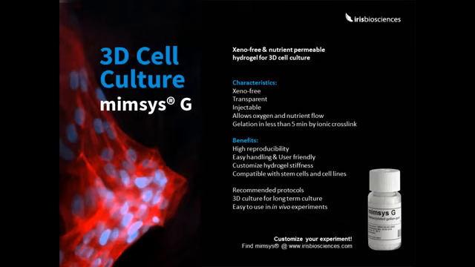Some of its benefits is that the polymer is highly reproducible, no batch-to-batch variability. It's very easy to handle, and you can customize the hydrogel stiffness according to your cell's needs. And of course, it's compatible with several cell types, such as stem cells and cell lines.